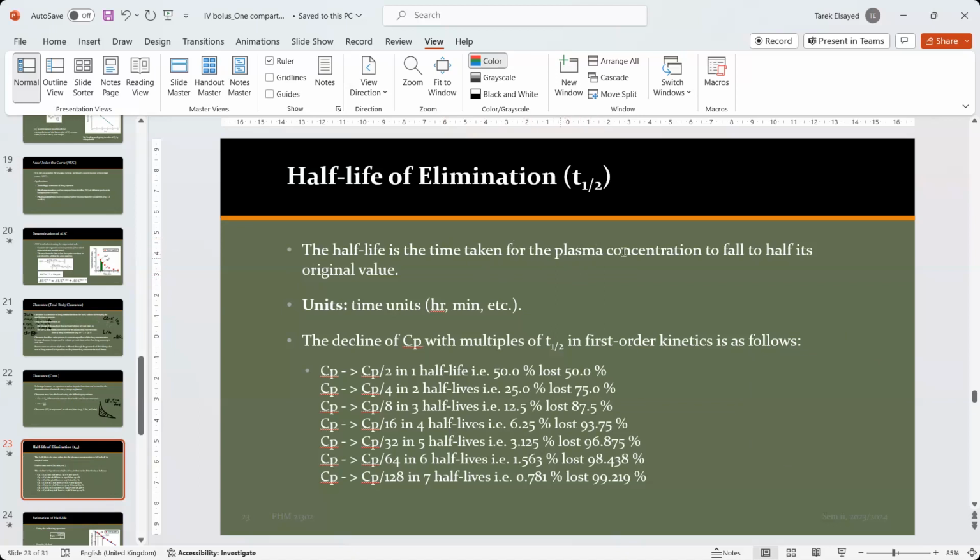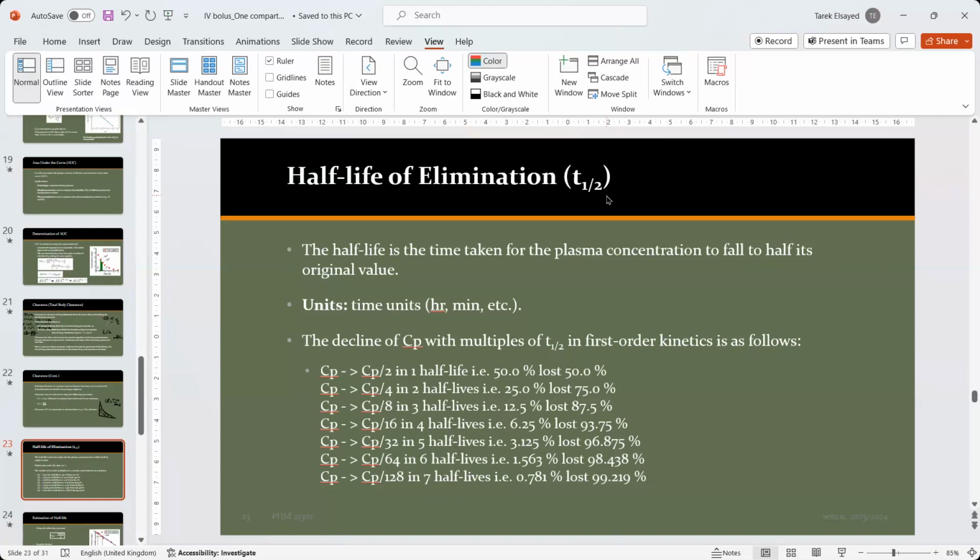So it is the time taken for plasma concentration to fall to half its original value, and it is time. So we measure it in hours, minutes, and so on. Okay. T half actually is fixed; in first order kinetics, T half is a constant. It doesn't change with the change in concentration.